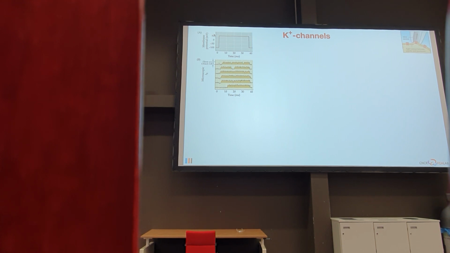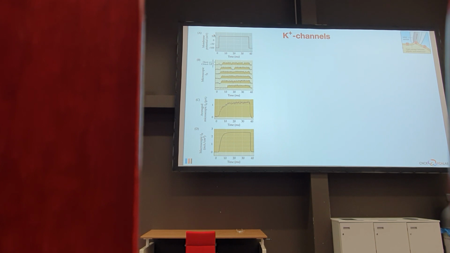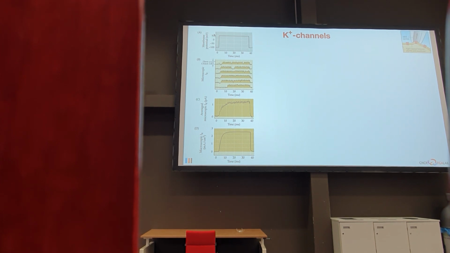And if you average all the signals out, this is what you get. That's also reminiscent of what we do if we record all the ion channels in the cell at the same time, right? This is actually the positive current, this delayed outward current that we were measuring previously.